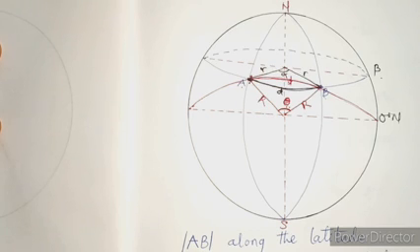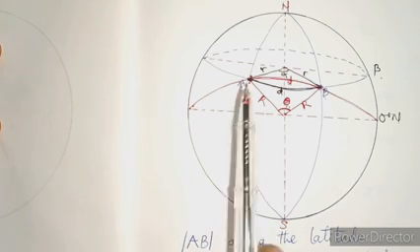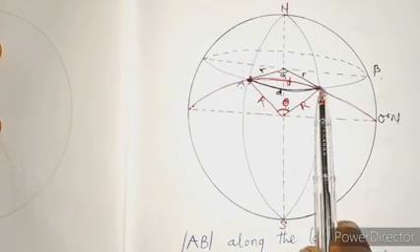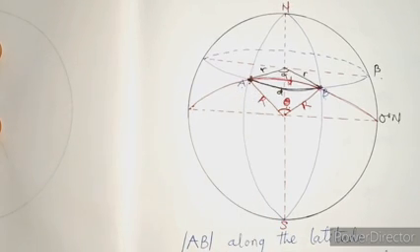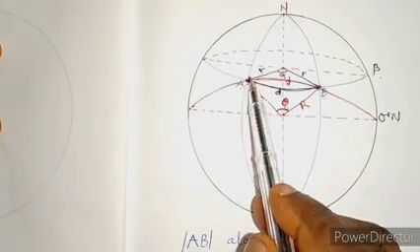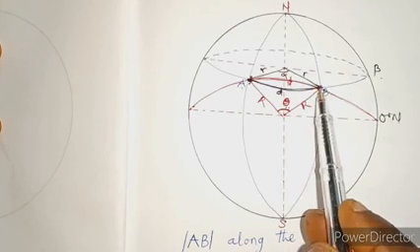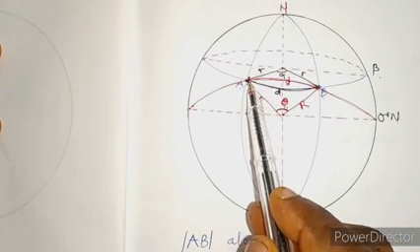Please note, the distance along the great circle is always shorter compared to that along the latitude. So in this case, this distance you see here is shorter than this distance here.